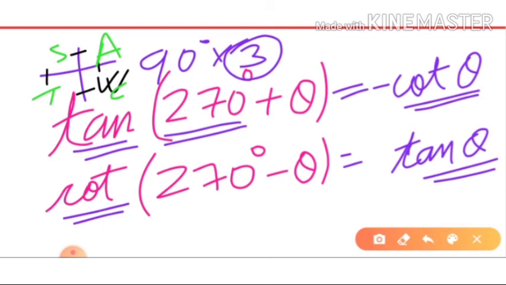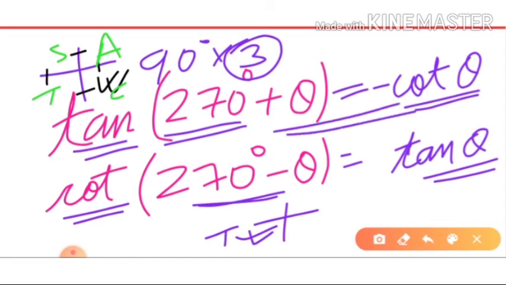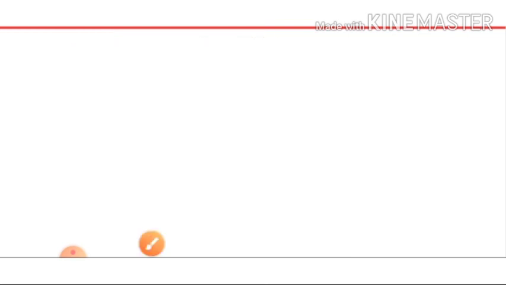And 270 minus theta means third quadrant, and in the third quadrant tan is positive, so tan positive means cot also positive, so it will be plus tan theta. So we will not write the plus, so tan of 270 plus theta is minus cot theta, and cot of 270 minus theta is tan theta. This way we do.